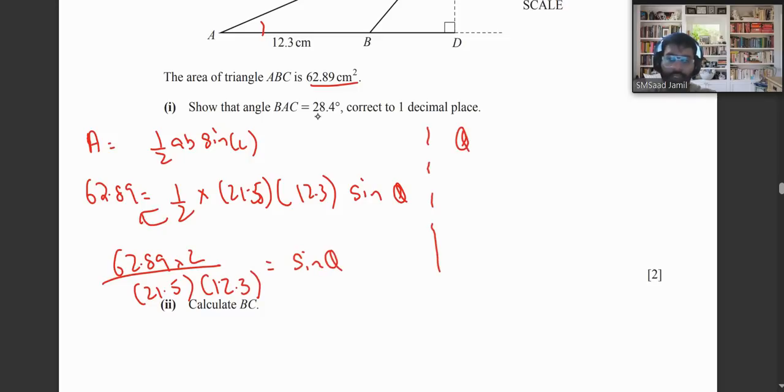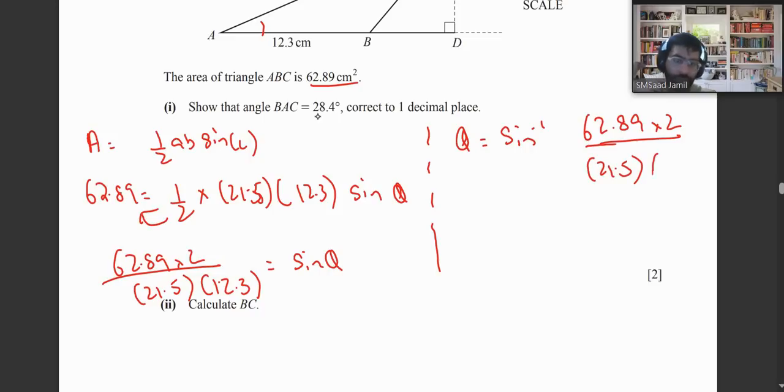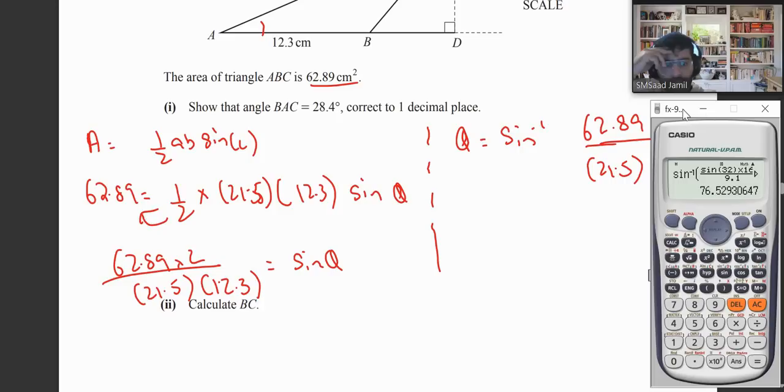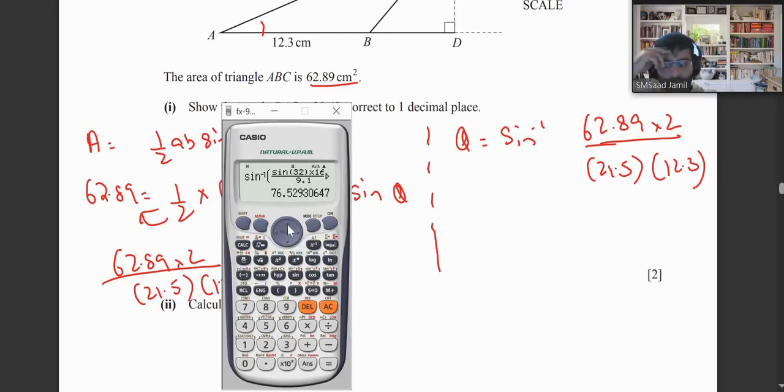So theta is equals to sine inverse of 62.89 multiplied by 2 divided by 21.5 multiplied by 12.3. So my friends, sine inverse of 62.89 multiplied by 2 upon 21.5 multiplied by 12.3.